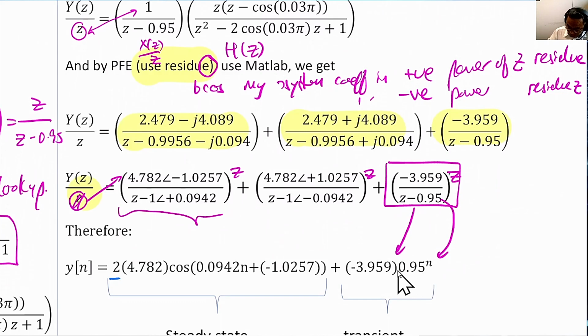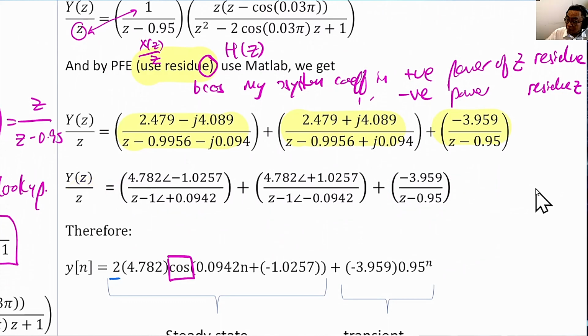Now this is a complex conjugate pair of poles. So what you have to realize is that the complex conjugate pair of poles will be converted into a cosine. In addition, we have to put up a lot of numbers here, so now I'm going to highlight these numbers for you. The first idea is to convert your rectangular representation into polar notation.